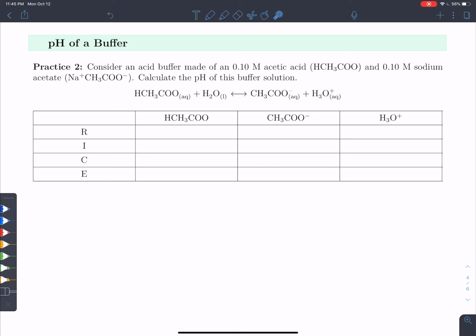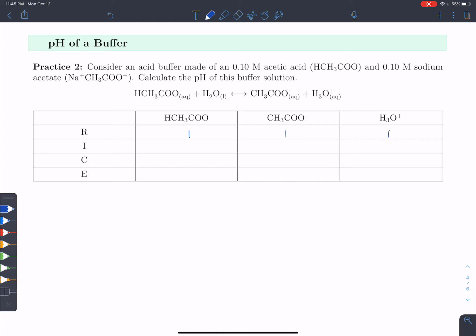In order to do so, we first focus on the equation that represents this buffer, which is acetic acid plus water forms acetate and hydronium ions, and it's in equilibrium, so it's going to go back and forth. And we now create an ICE table based off of this information. So we know our weak acid, acetic acid, has a molar ratio of 1 to 1 to 1 with acetate and hydronium ions.